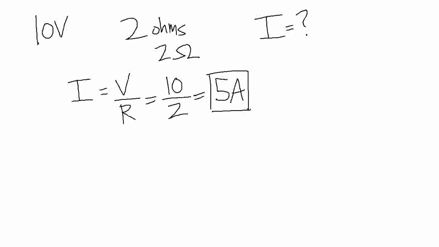Now, let me have you do an example. Suppose that I had a circuit that had a current of 10 amps, and suppose the resistance of that circuit was 20 ohms, and I'm going to write it using that omega symbol for ohms.